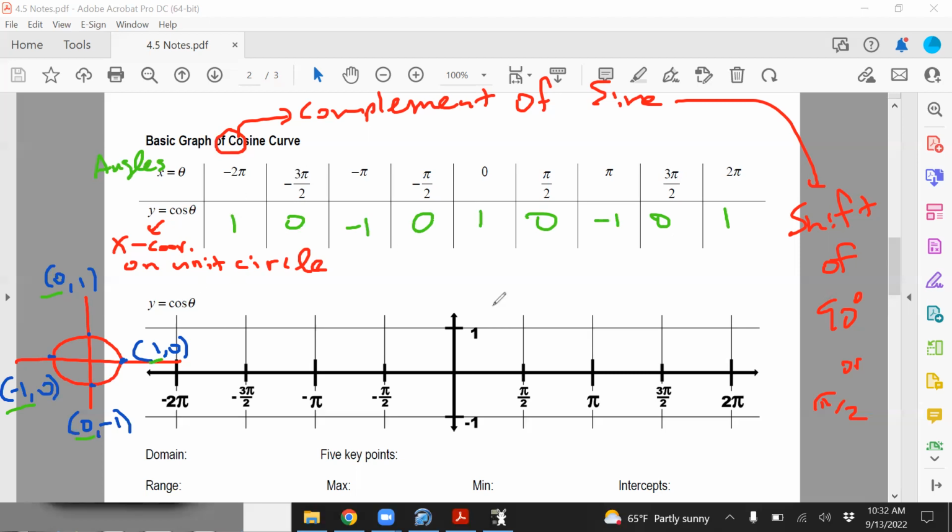So my plot is going to look like this. You have a point up here, a point here, a point here. It looks just like the sine. It's just shifted by 90 degrees, as it should be, because it's the complement.